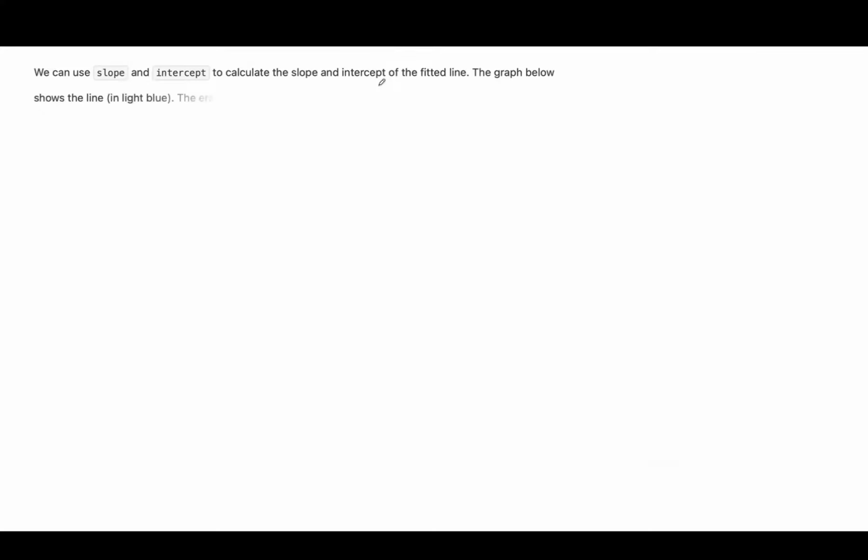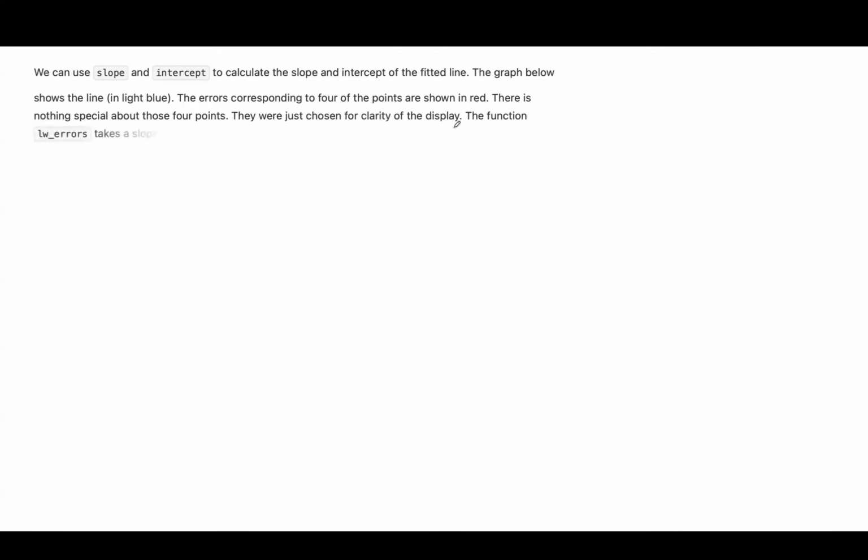The graph below shows the line, and the errors corresponding to 4 of the points are shown in red. Not all of the errors, some of them, just for better understanding the behavior of the residuals. They were just chosen for clarity of display. The function Little Women underscore errors takes a slope and an intercept as its arguments and draws the figure.